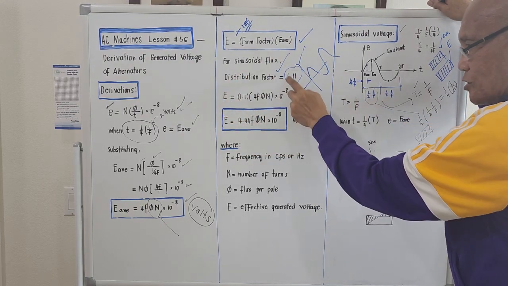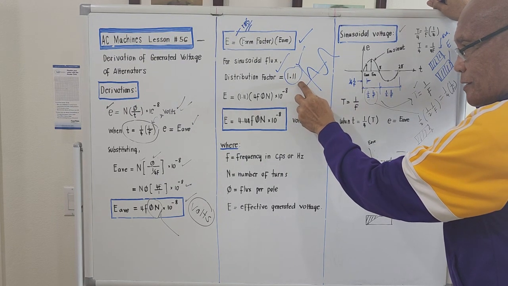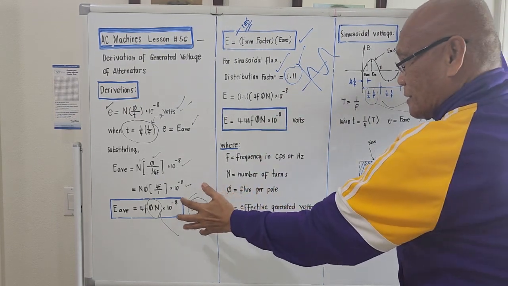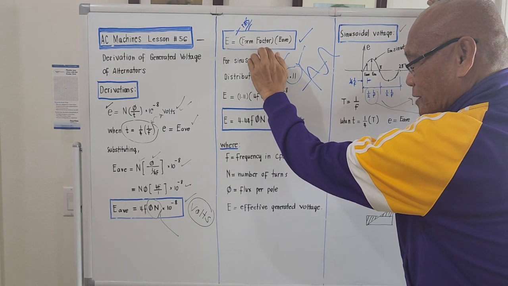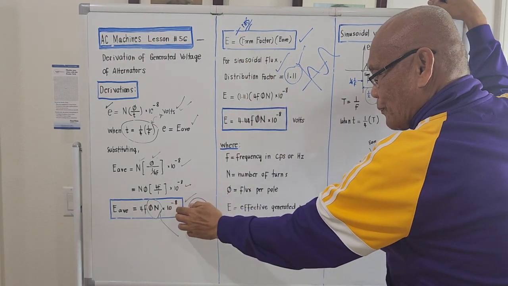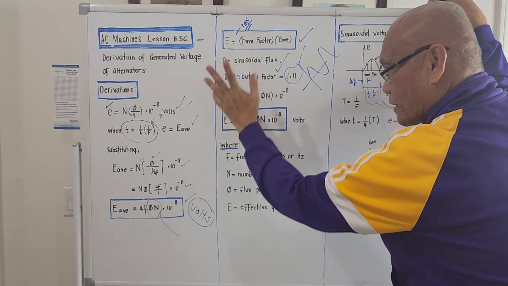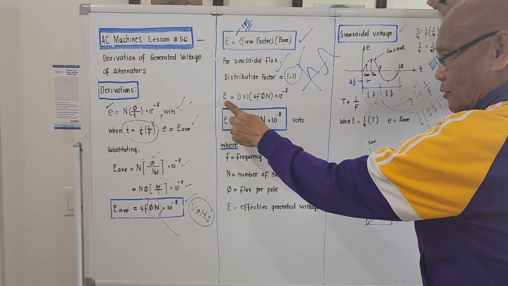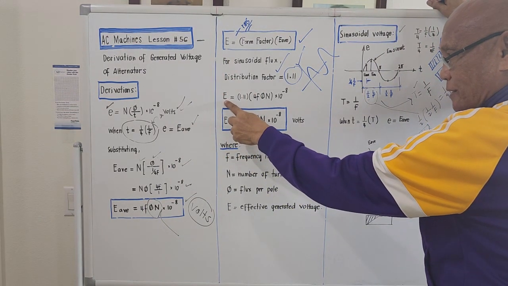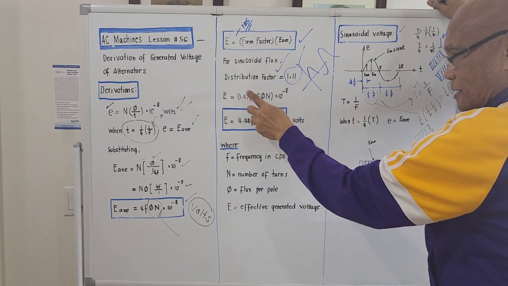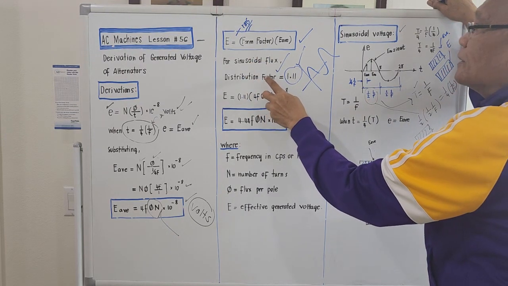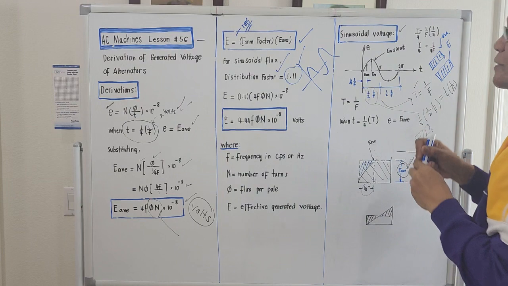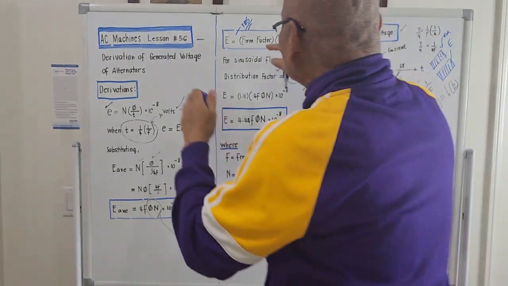It is 1.11. So going back to this equation here, we will substitute the derived E average. What will come out? The RMS voltage, or the effective voltage, will be the form factor, or rather, this should be the distribution factor.